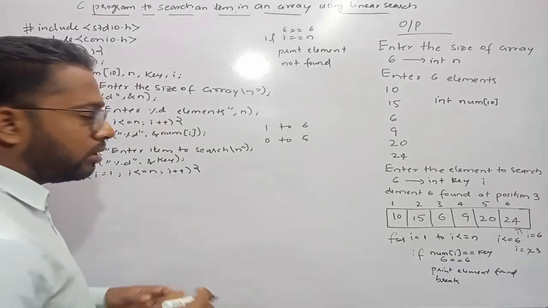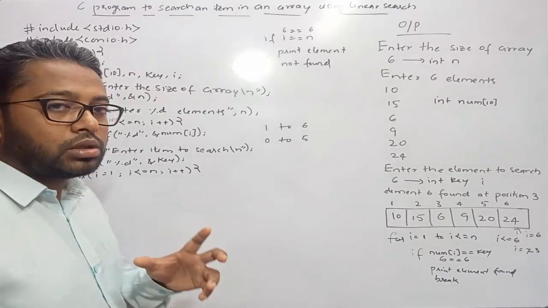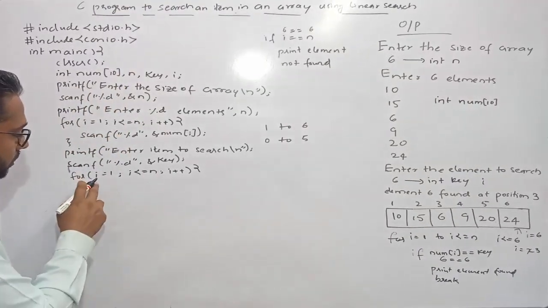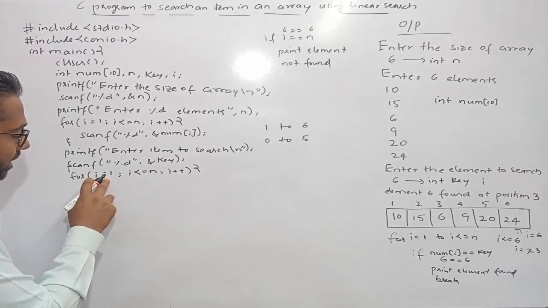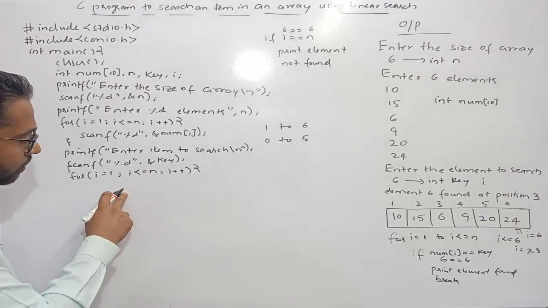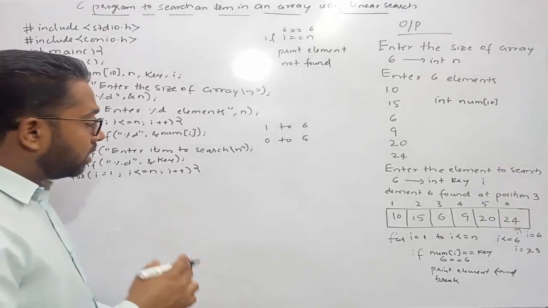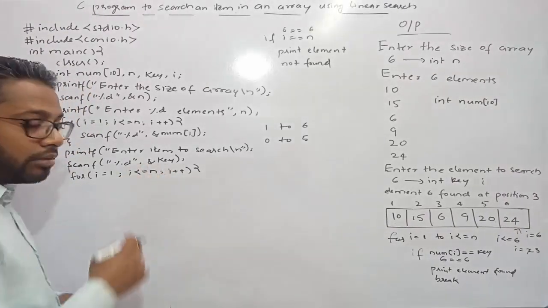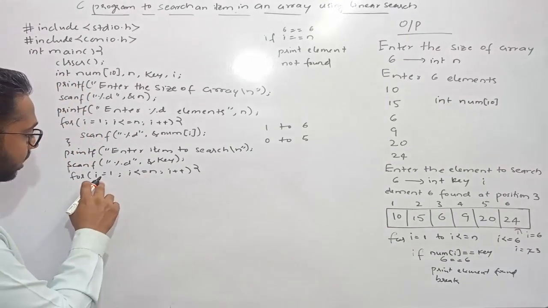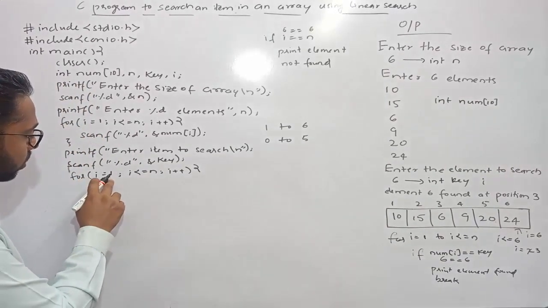Whenever we use a for loop, you must know how the for loop works. This is the first part which gets executed, and then this is the second part, then the body of the loop gets executed, then finally this increment part gets executed. So now I have started a for loop with the initial value of i equals 1.